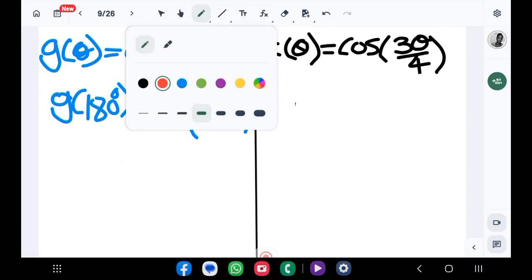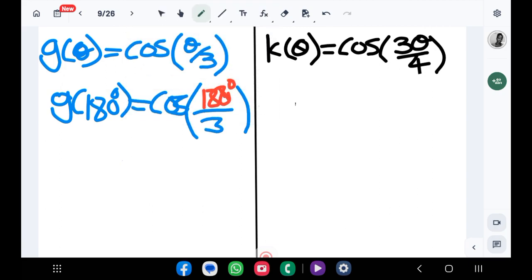And that is equals to, okay, take out a calculator. Cos, common fraction button, 180 at the top, downward arrow 3, right arrow, close bracket, that is equals to 1 over 2. So at that point, it will be half.